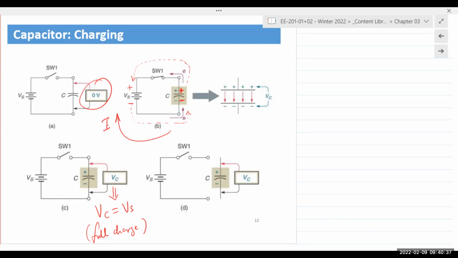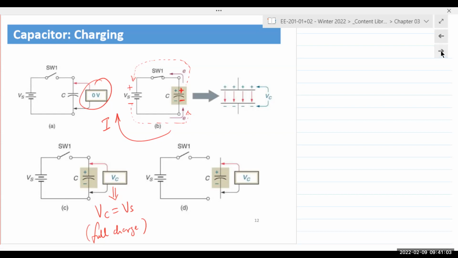It has reached full charge, so it has reached steady state. At steady state, if there is no more flow of electrons, there's no more flow of current, it's behaving like an open circuit. Does that make sense? So at steady state, the capacitor behaves like an open circuit.